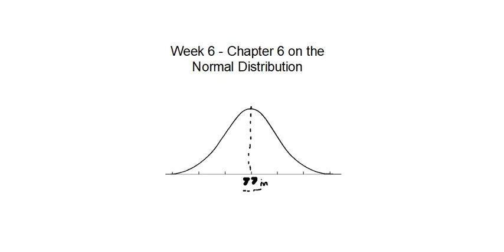The standard deviation being 3.89 means that if we went 3.89 inches to the right of that 77-inch mark, so if I took 77 plus 3.89 inches, I would end up with 80.89 inches.